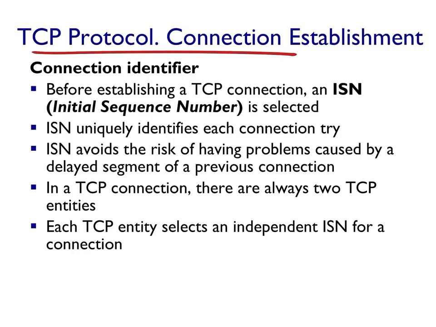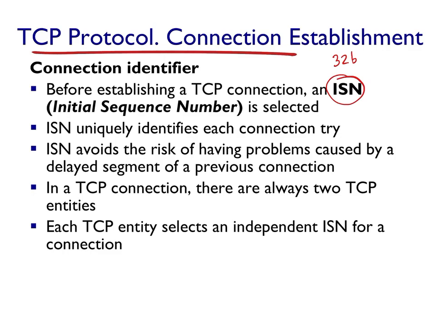How to identify a segment? Remember that there is a field called sequence number, with a length of 32 bits. So at the end, it's a very big number. And when we start a connection, we need to identify it by the initial sequence number, the ISN, that uniquely identifies each connection try.